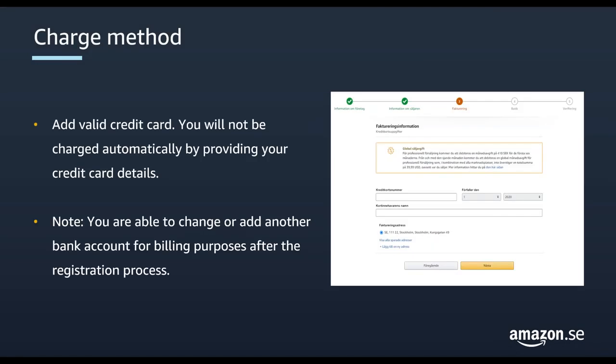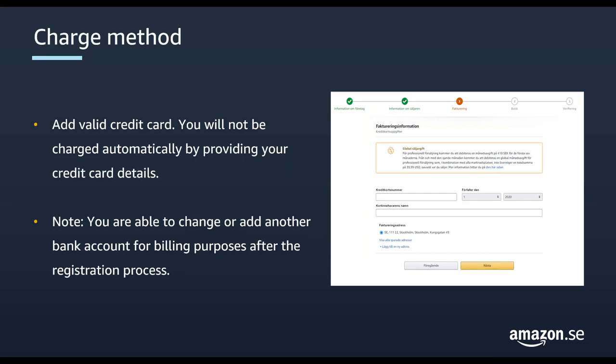Your charging method. The charge method links a primary Amazon payment method to your account. Here, you'll be required to add a valid credit card. You will not be charged automatically by providing your credit card details. Amazon will first validate your credit card and will then charge your subscription fee if you're registering as a professional seller, and any additional calculated fees at the end of your billing cycle.